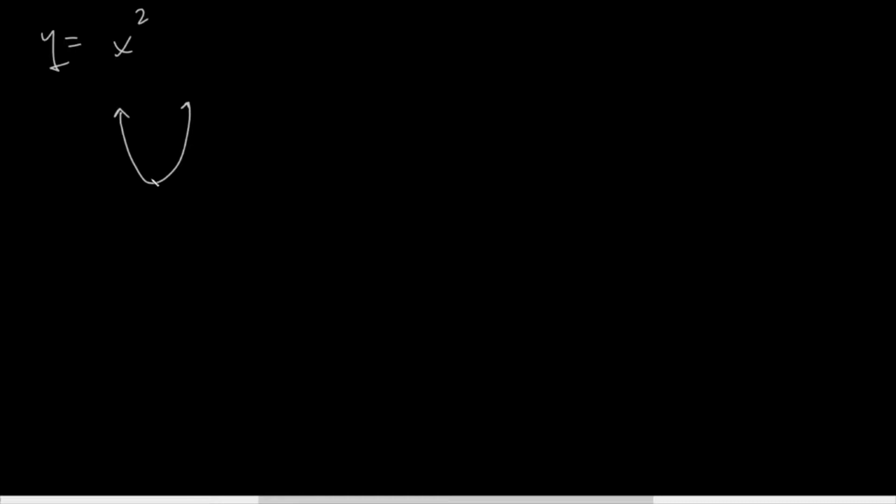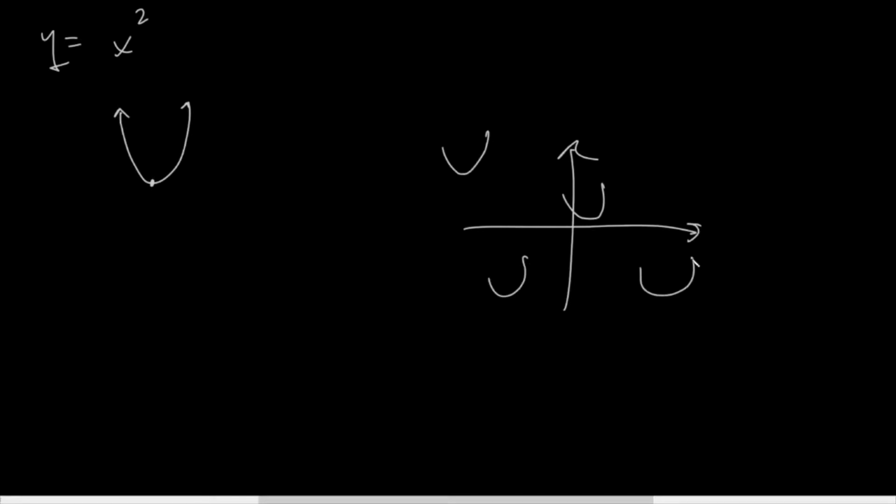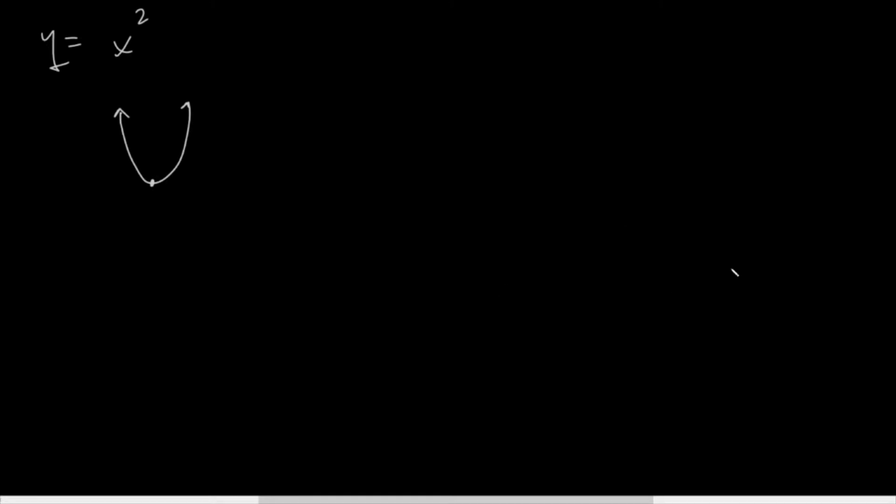Okay, so all we need to do is find the location of the vertex and then draw our U. So imagine that this parabola is floating in space. We're just going to plop it down somewhere on the graph wherever it belongs, if that makes sense. Okay, so let's try some of these.